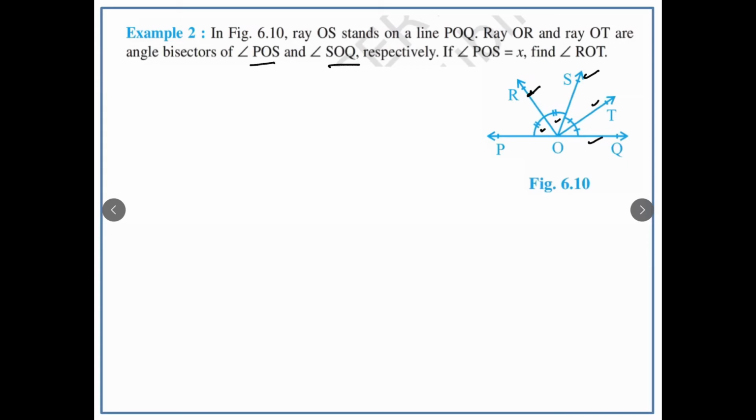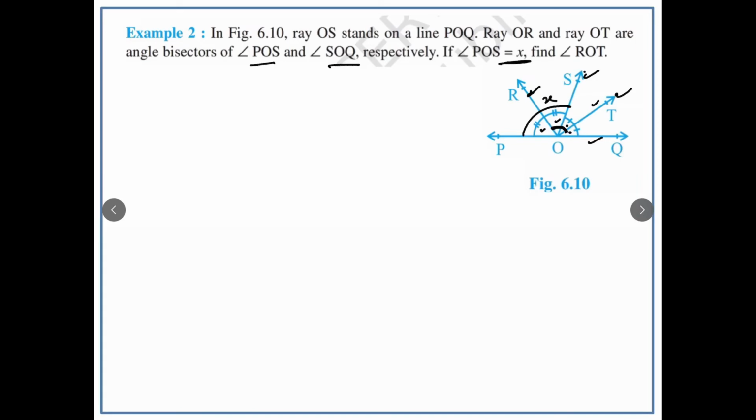Similarly, OT is bisecting angle SOQ, that means these two portions are also equal. And we are given that angle POS is x degrees. We have to find the value of angle ROT.